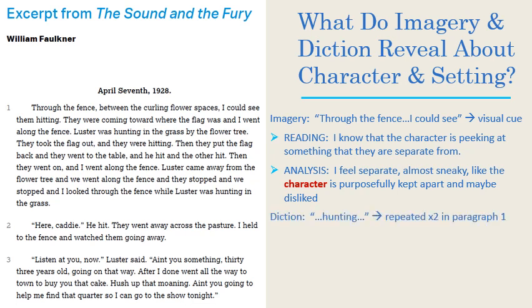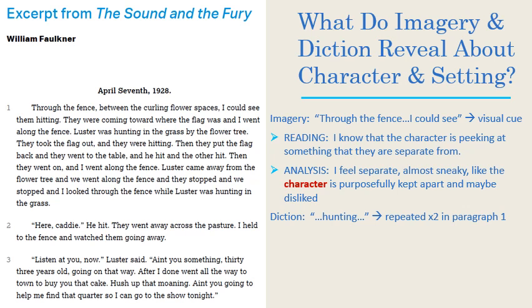We can also look at a diction choice. The word hunting is repeated, I believe, twice in the first paragraph, and so this is on purpose.